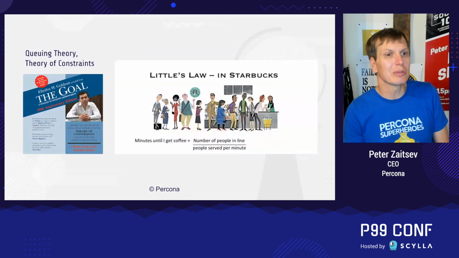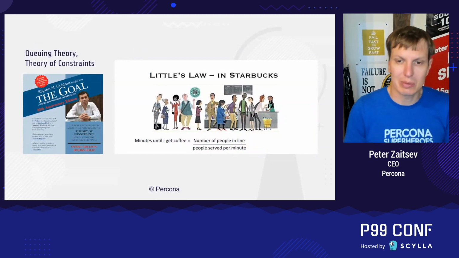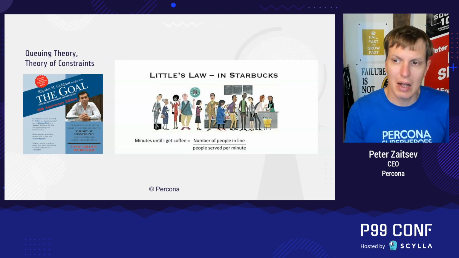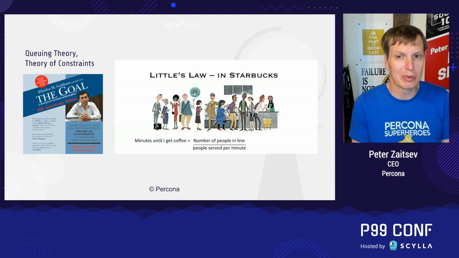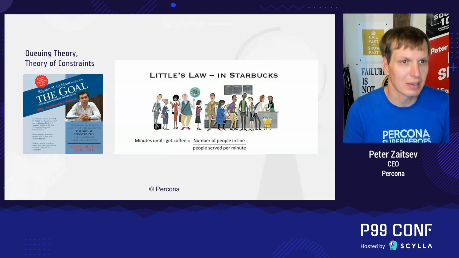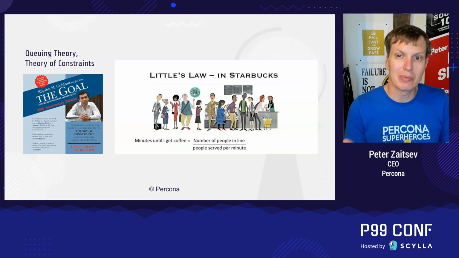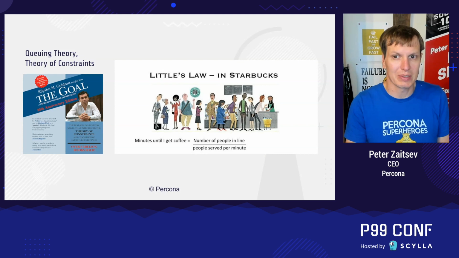Now, if you want to learn more about this topic, I think a very good book to read is not really a technical book about databases or computing at all, but the book The Goal, on the Theory of Constraints.